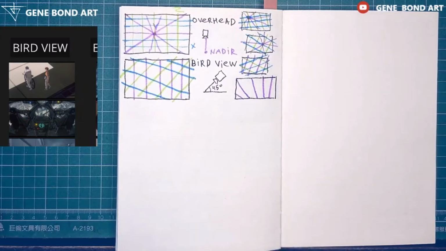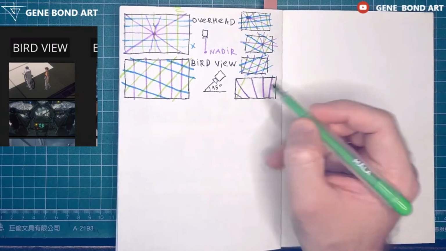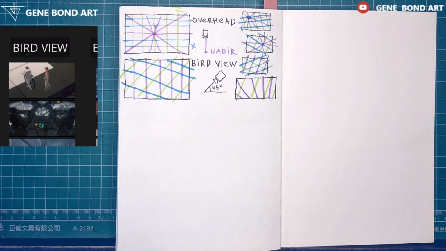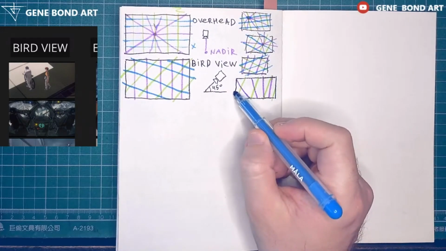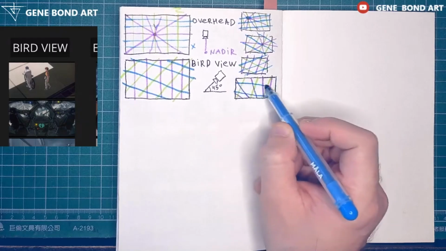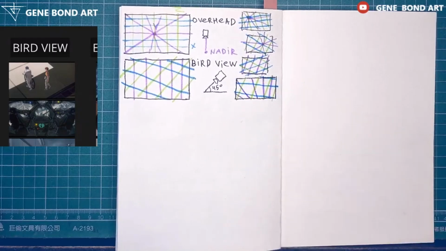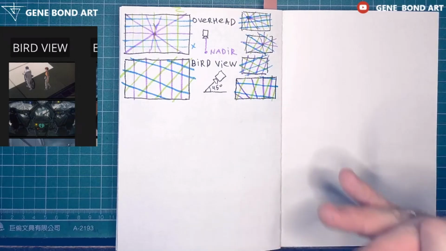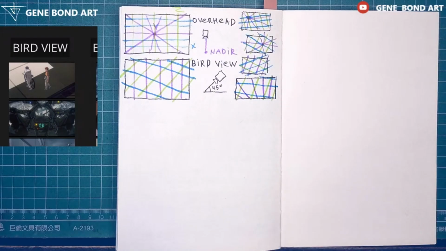The camera looks down, so it's natural for the y-axis to have convergence. But z and x will still be parallel to each other.